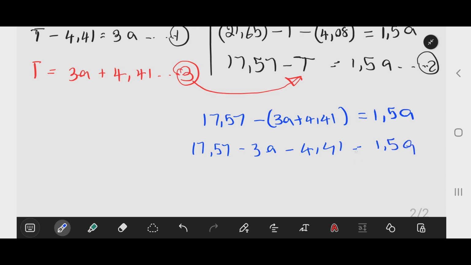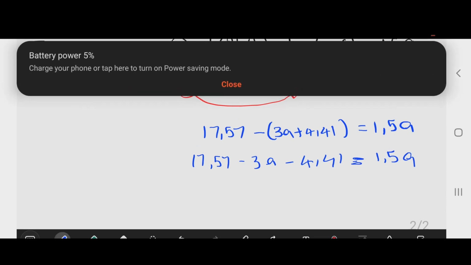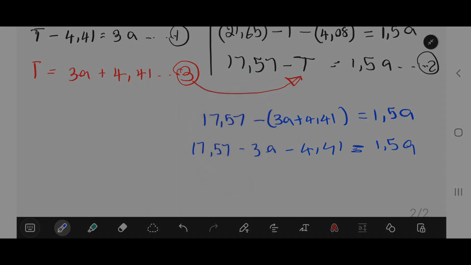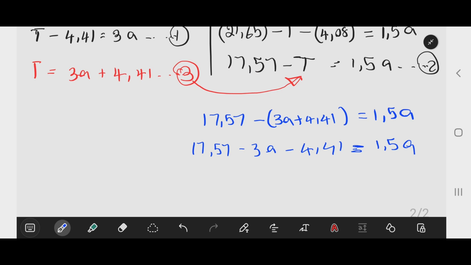Okay, so let's take this 3a to the right hand side, and what is left is 17.57 minus 4.41, and that would be 13.16. That is equal to 1.5a plus 3a, since it was negative on this side.